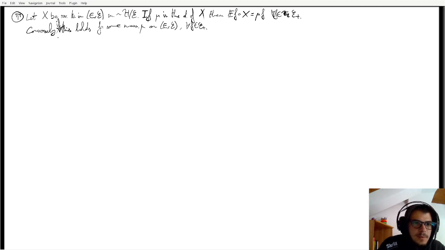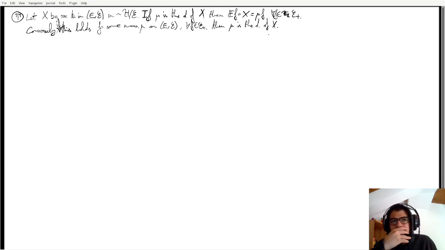If this holds, then mu f is equal to the expectation. Then simply mu is the distribution of x. So this is the central thing here.